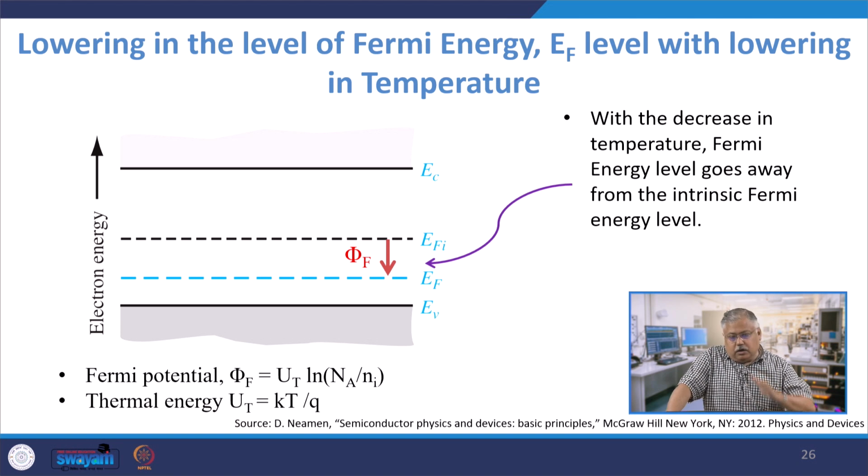Now, what we have learned, and this is quite interesting, is that if you remember in my previous lectures, we define the intrinsic Fermi level as a level which is somewhere between the conduction band and the valence band, half of it, right.